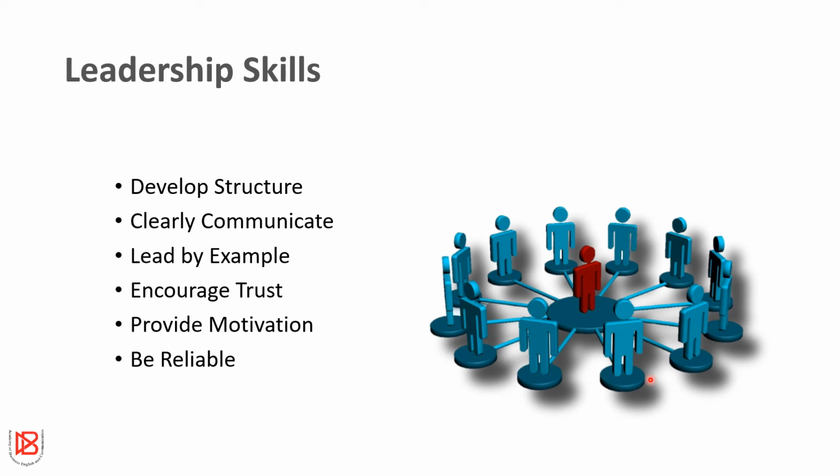You look at the picture. It is properly structured. Everybody is working in tandem and everybody knows their specific roles and duties. There's clear communication. It is led by example. Encourage trust, provide motivation, and be reliable. So develop structures, clearly communicate, lead by example, encourage trust, and provide motivation, be reliable.